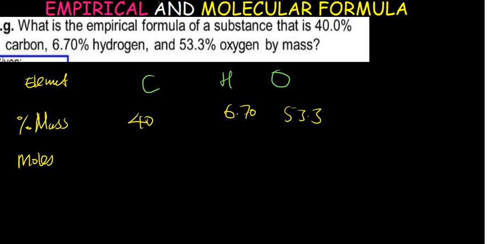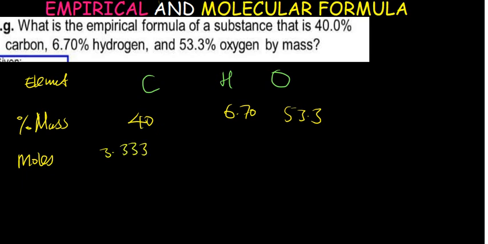So just divide 40 by 12. That's mass over molar mass. You can do it quickly to give us the values. So 40 divided by 12. What have you gotten? That is about 3.3333.